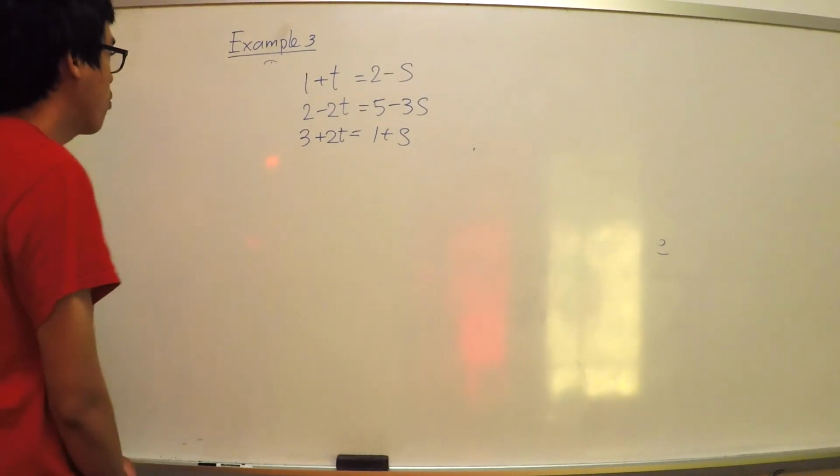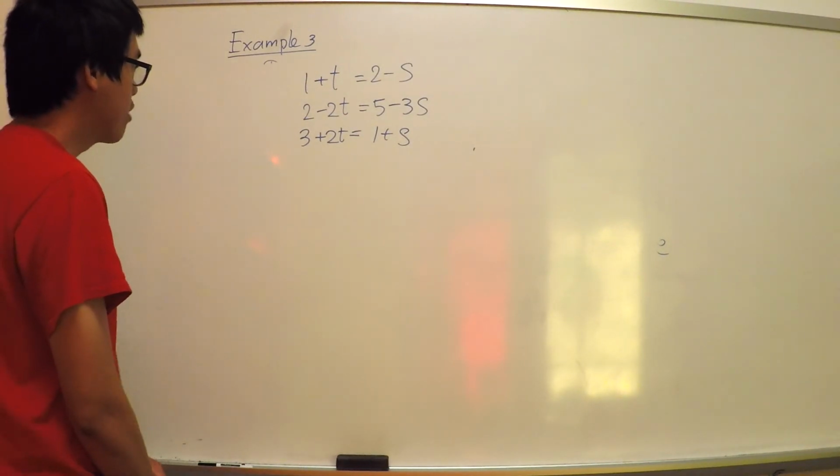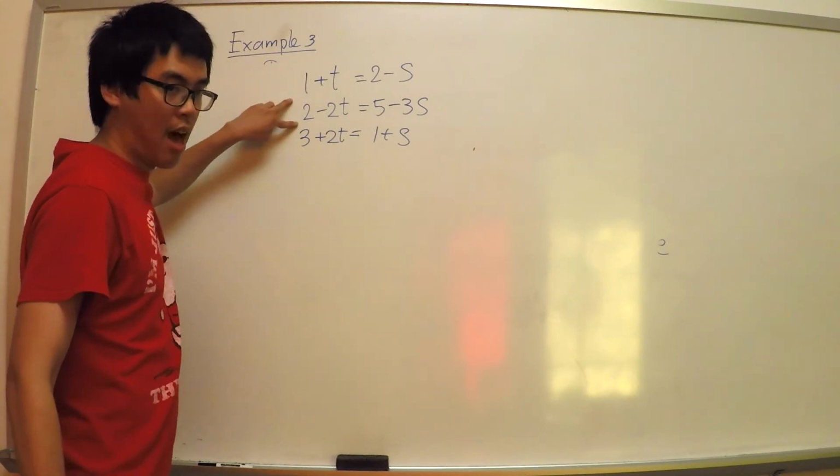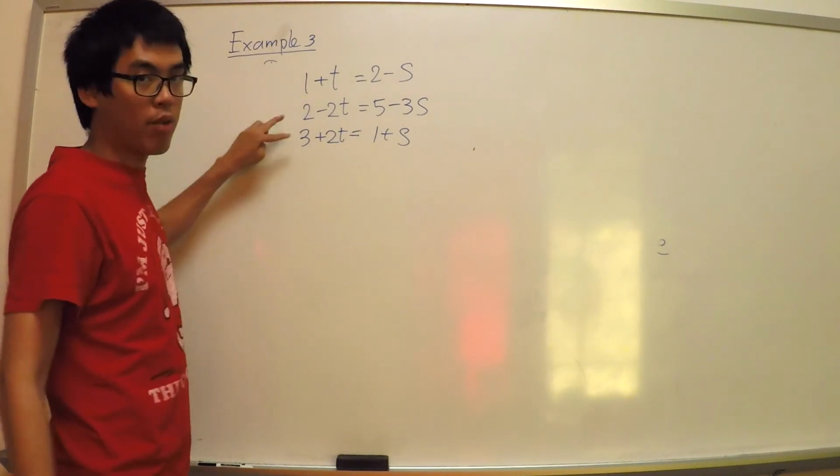Right, so what can we do about this? We will solve for s first by multiplying this one by 2 and adding it to this one, and the purpose is to get rid of t.